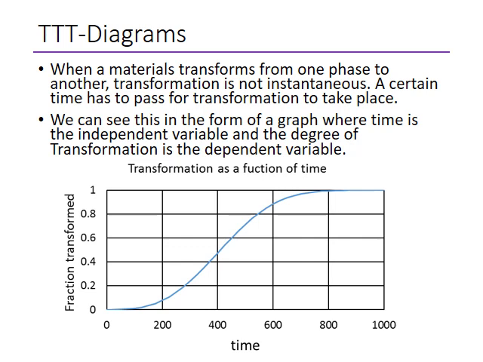So we can plot how long it takes for a transformation to happen. And that graph looks like this. This is a typical transformation graph. We can see that the starting of transformation will take some time.